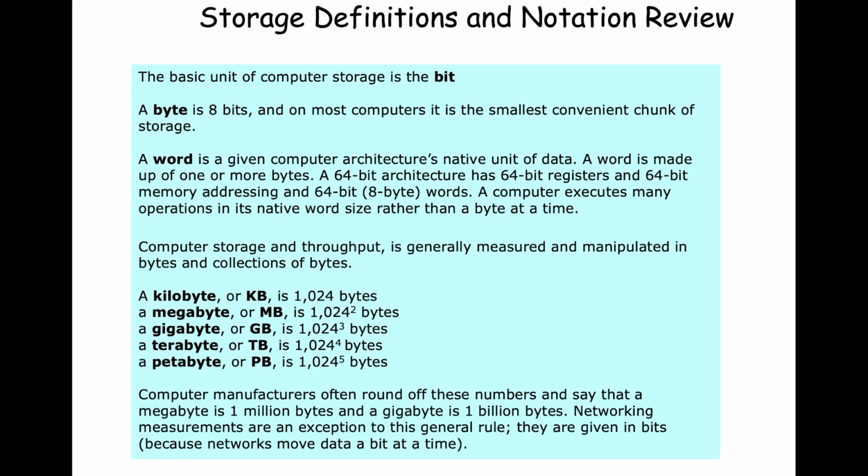Eight bits are collected into a unit called a byte. A word is the native unit of storage for a computer. When you talk about a 64-bit architecture, that means the native storage is chunks of 64 bits. So you have 64-bit registers. 8 times 8 is 64, so 8 bytes is 1 word in a 64-bit architecture.